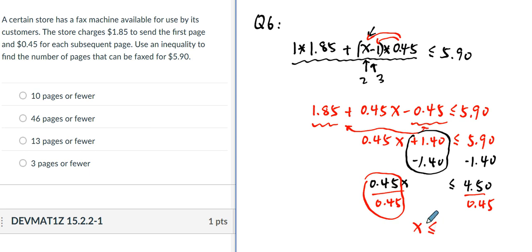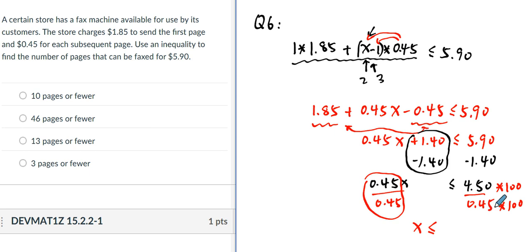Then how about this one? This one, you know, if you multiply by 100, the denominator is going to be 45 and the numerator is 450. Okay, so what do we get?